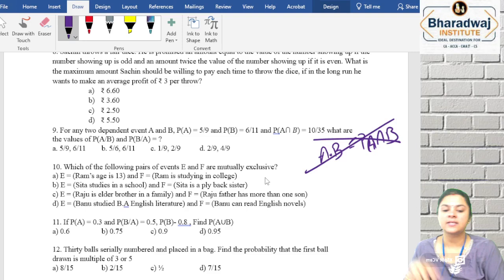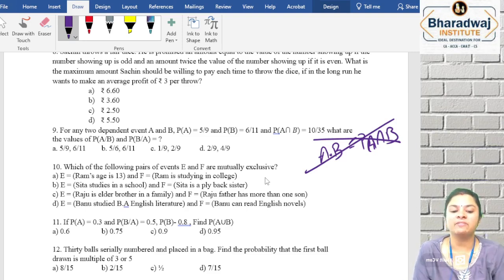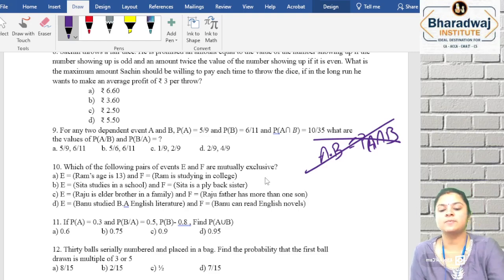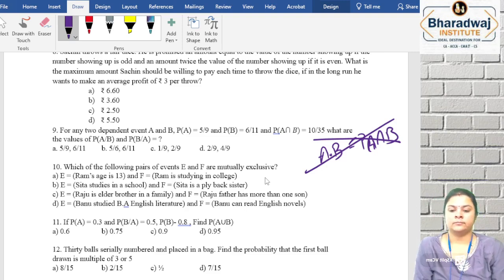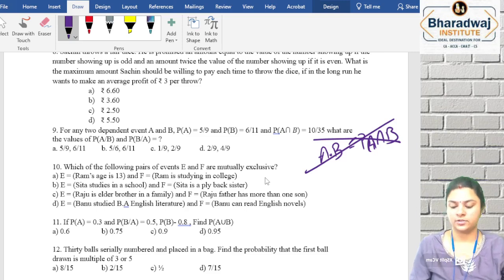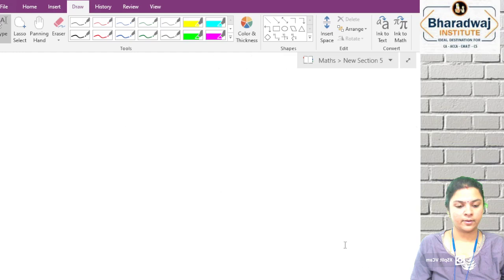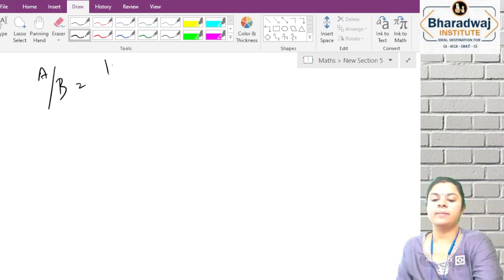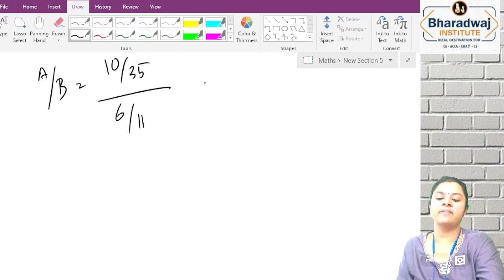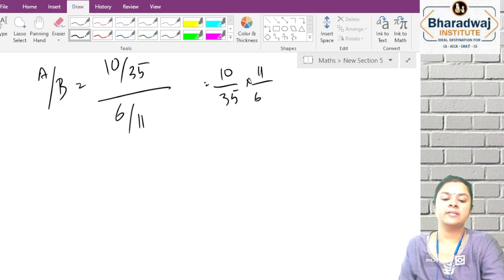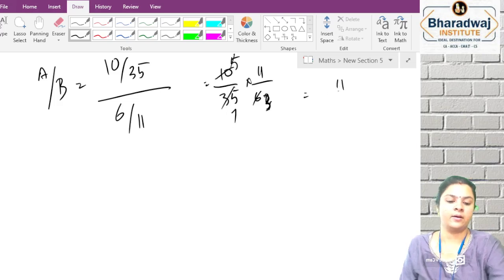Okay, yes. So now go ahead, the values are directly given to you, so you can find out. 10 by 35 by P of B, 6 by 11. First one, A by B will be 10 by 35 by 6 by 11. So 10 by 35 into 11 by 6, which is 11 by 21.